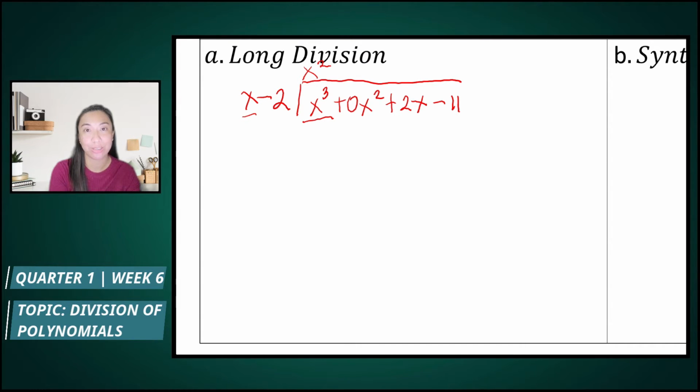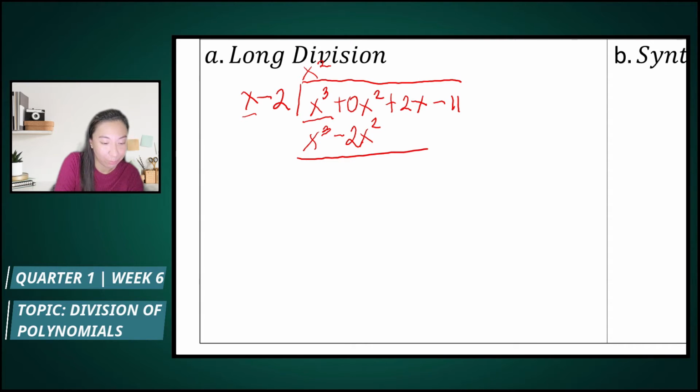Since the divisor is a binomial, we will be distributing x squared to x and negative 2. So x squared times x is x cubed. And then x squared times negative 2 is negative 2x squared. After that, we are going to subtract. When we subtract, the rule is to change the sign of the subtrahend.